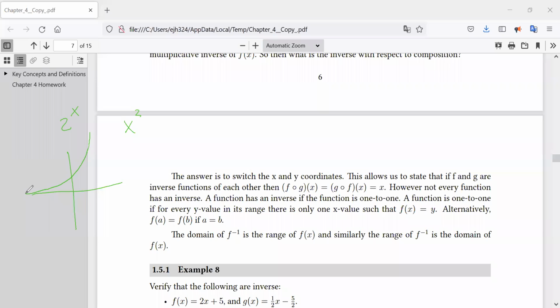So this would be like 2 to the x right here, and that passes the horizontal line test.